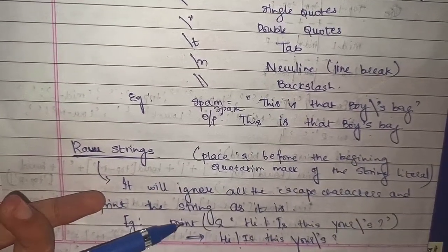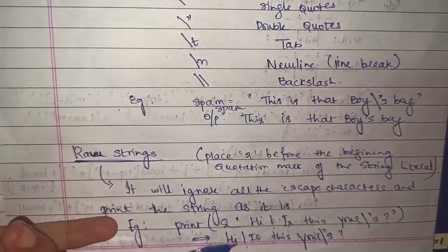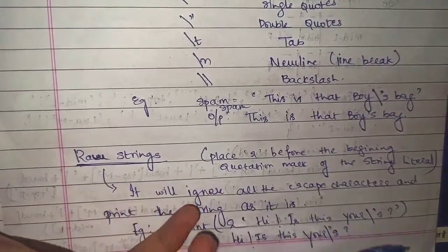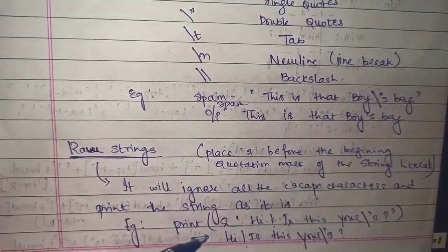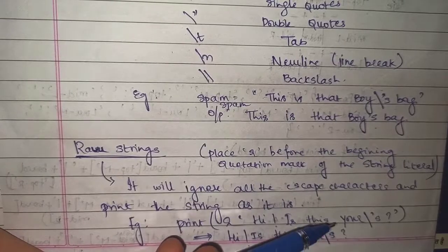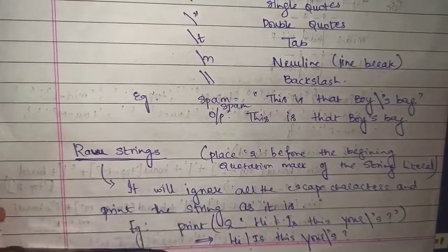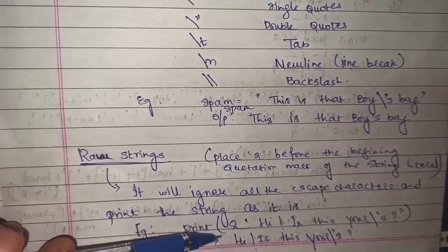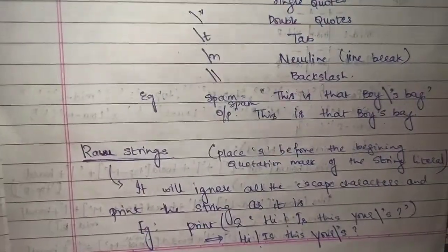So for example, print, open the brackets, r, and you open the single quotes and write whatever you want inside the string, and the same thing will be output, whether there are escape characters or not. It won't be considering that. If you have an r, that means it is a raw input. Whatever is given as input will be printed as it is.